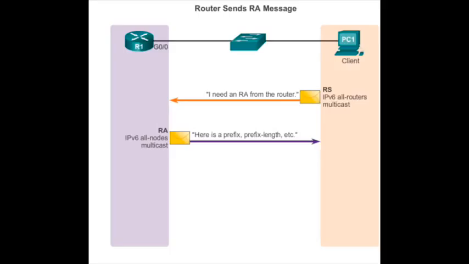Then R1 receives the RS message and responds with an RA message. Included in the RA message are the prefix and the prefix length of the network. This message is sent to a multicast address with the link-local address of the router as the source address.